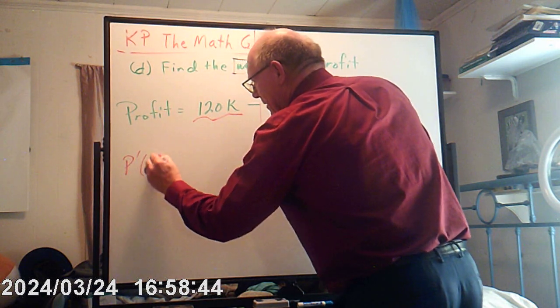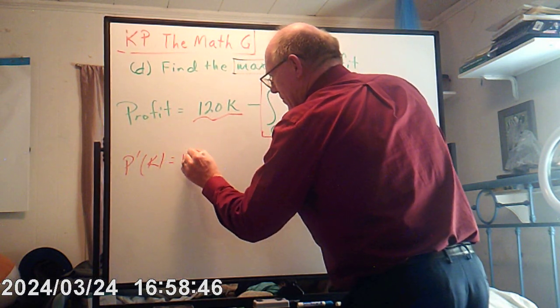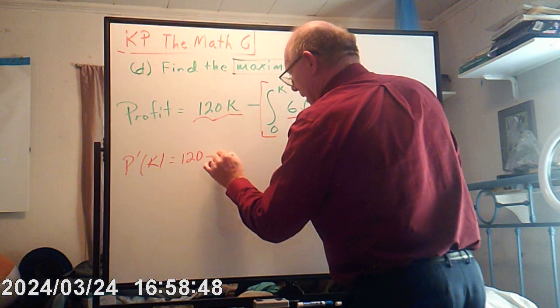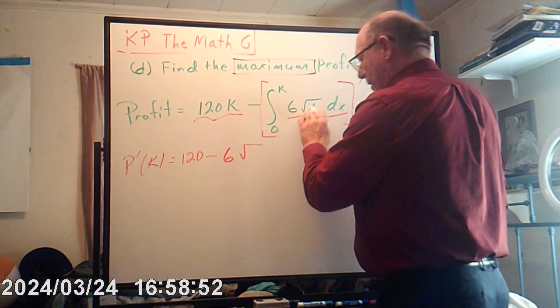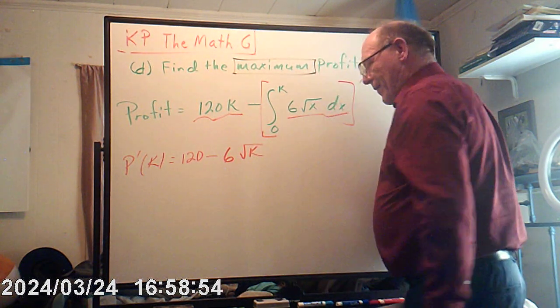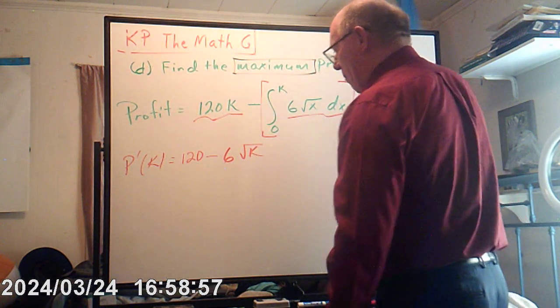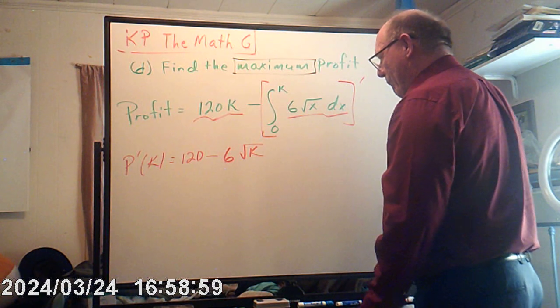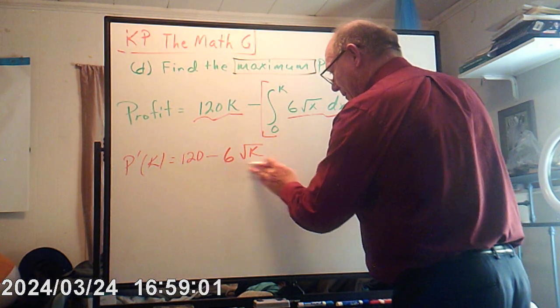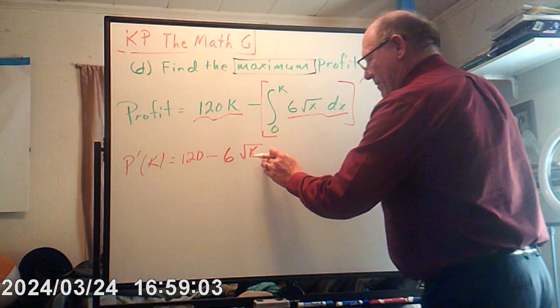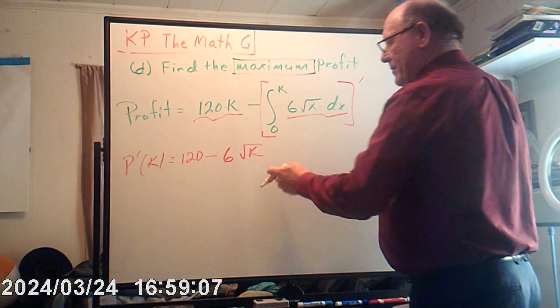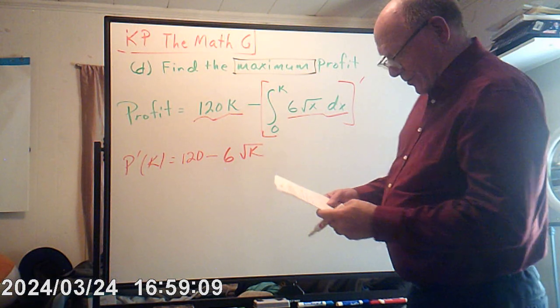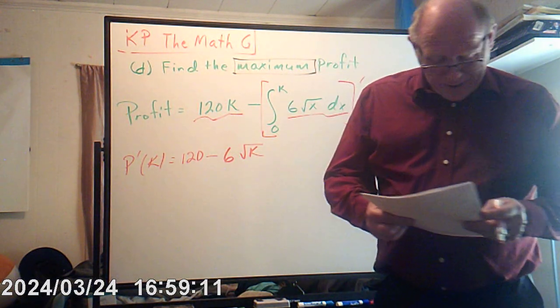So P prime of K is equal to 120 minus 6 times the square root of K, just plug the K in here. And that's basically it. The derivative of K is 1. So there it is right there, 120.